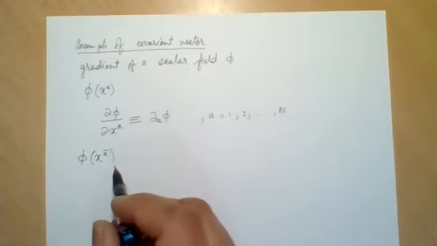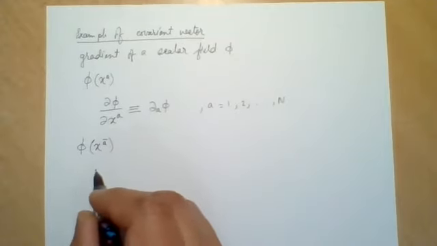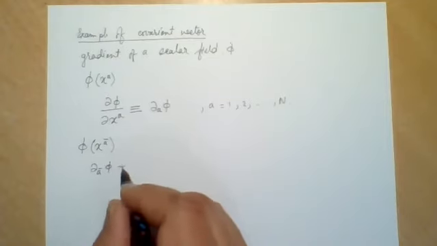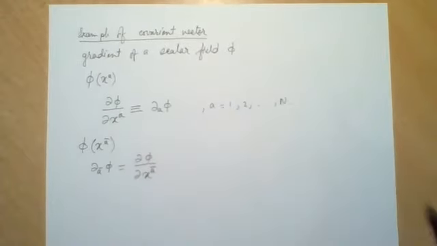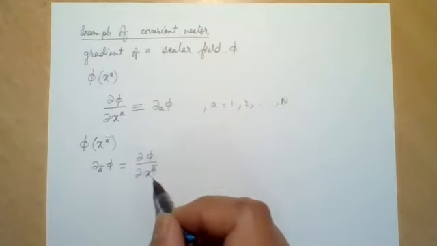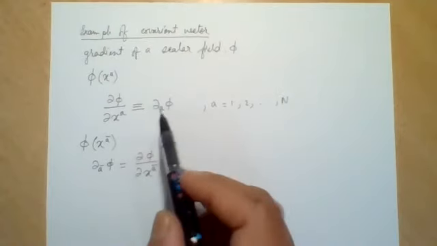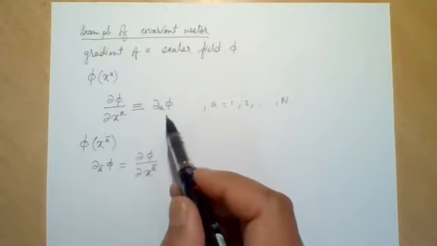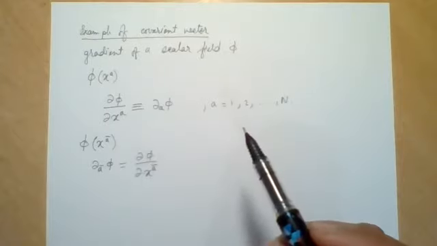Then the partial derivatives of phi with respect to the bar coordinates, del a bar phi, meaning del phi by del x a bar, are the components of the gradient with respect to the bar coordinate system. These are the components of the gradient with respect to the unbarred coordinate system. So how are these components related?